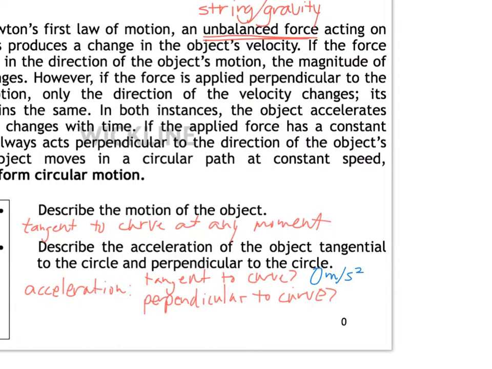So there's no acceleration tangent to the curve. But perpendicular to the curve, there is a force that pulls it towards the center, which causes an acceleration. So perpendicular to the curve, you have a positive constant acceleration. Oh, and it's always pointing towards the center.